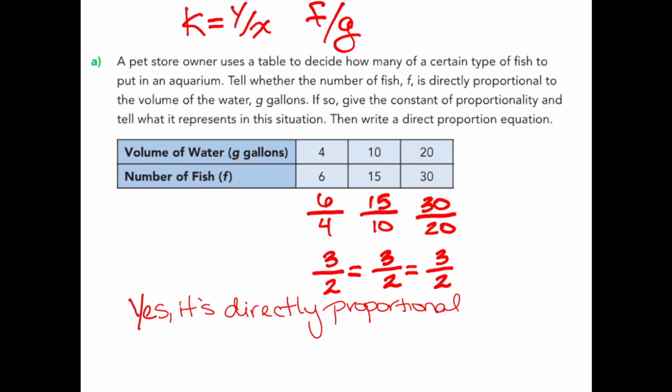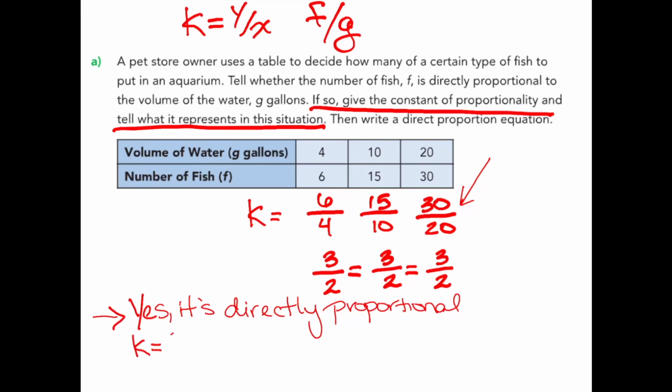Okay. The second question says, if so, give the constant of proportionality and tell what it means in this situation. Well, we figure out the constant of proportionality, right? We figure out K when we figure out whether or not this is a direct proportion. So we know that K is equal to 3/2.